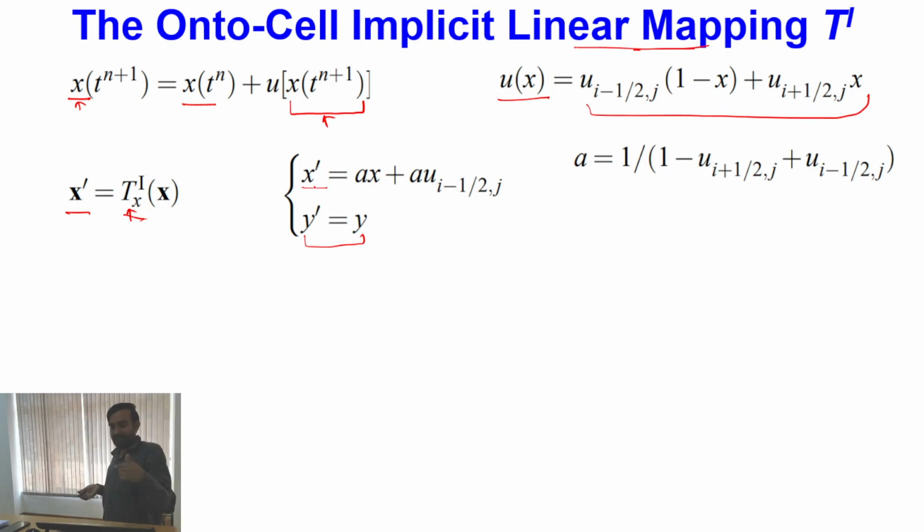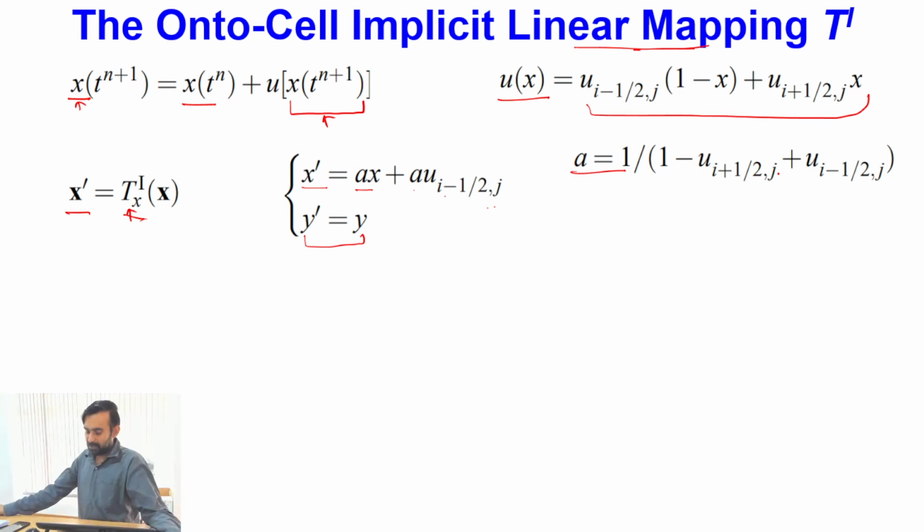Earlier in the explicit scheme, it was b of x plus some constant. Now it is a of x plus a times u i minus 1 by 2 comma j, where a is given as 1 divided by 1 minus u i plus 1 by 2 comma j plus u i minus 1 by 2 comma j. So this is the transformation.